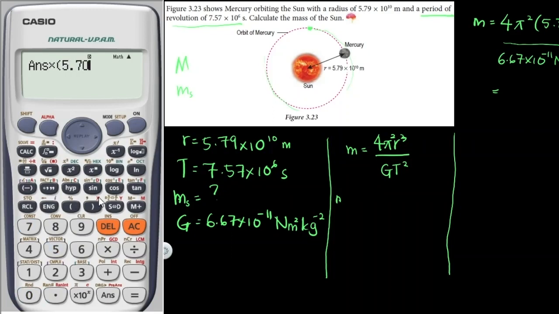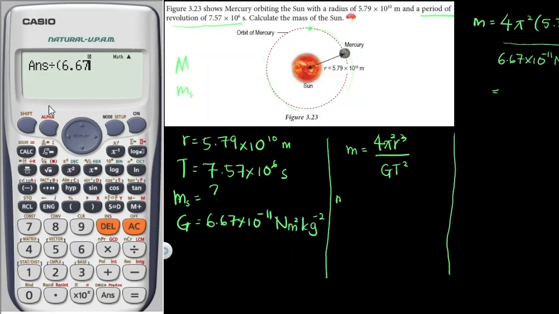5.79 times 10 to the power of 10, close bracket, and cube. Do we have cube? Yes, here we have cube. So shift cube. We get the upper part and then divide by the denominator, which is 6.67.